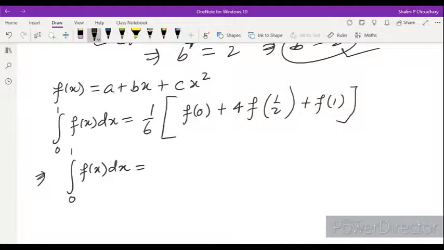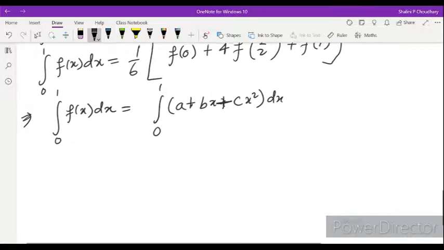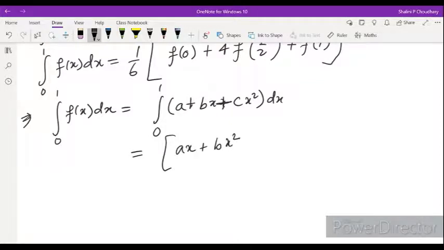This is given, so we'll find the value of the integral from 0 to 1 of fx dx. That will be equal to the integral from 0 to 1 of a plus bx plus cx square dx, right? So it will be equal to ax plus bx square upon 2 plus cx cube upon 3, from 0 to 1, and we'll put 1.